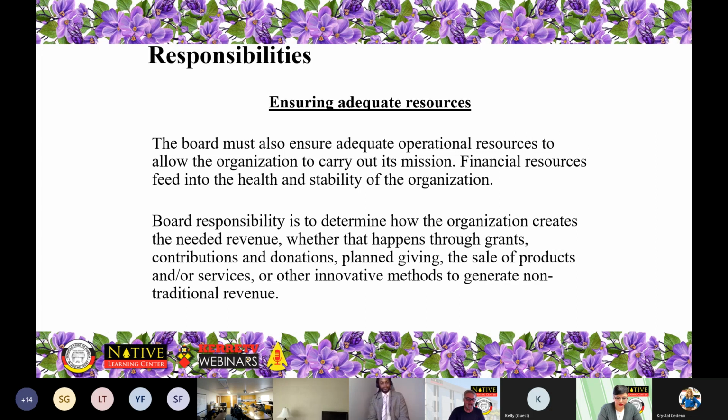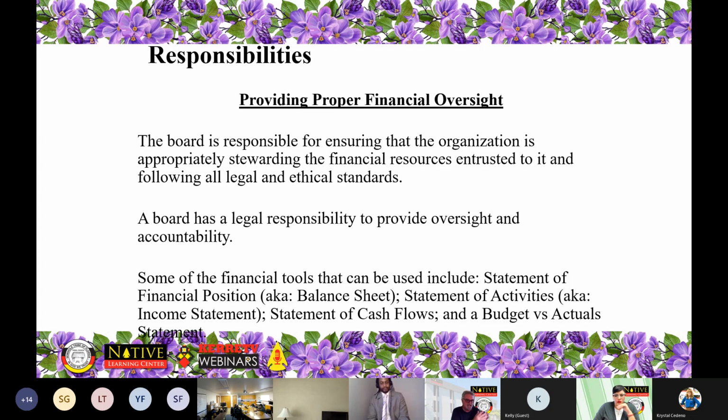So what you're seeing on the screen, financial oversight is kind of a dual purpose thing. It's fundraising and the opportunities to generate non-traditional revenues. And it's also at the same time making sure that the assets that flow into the organization are properly maintained and properly accounted for using generally accepted accounting principles, GAAP, and so forth.